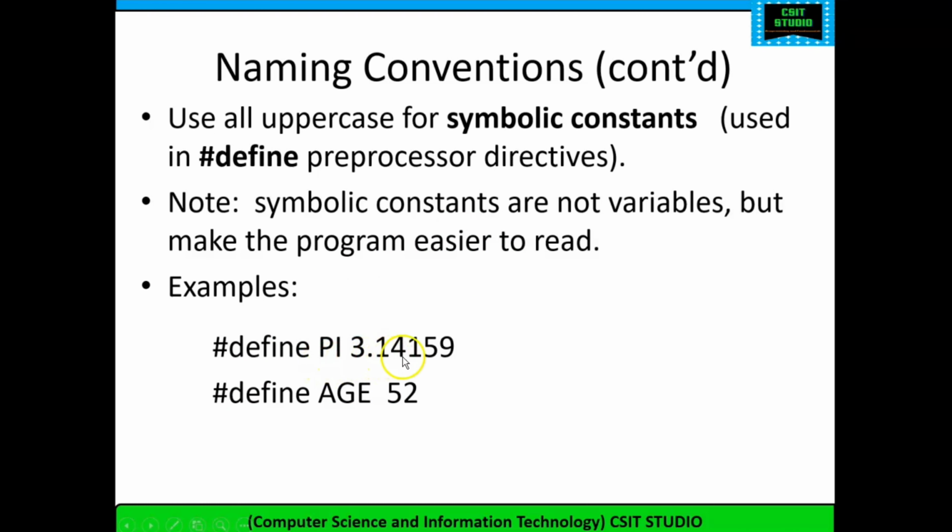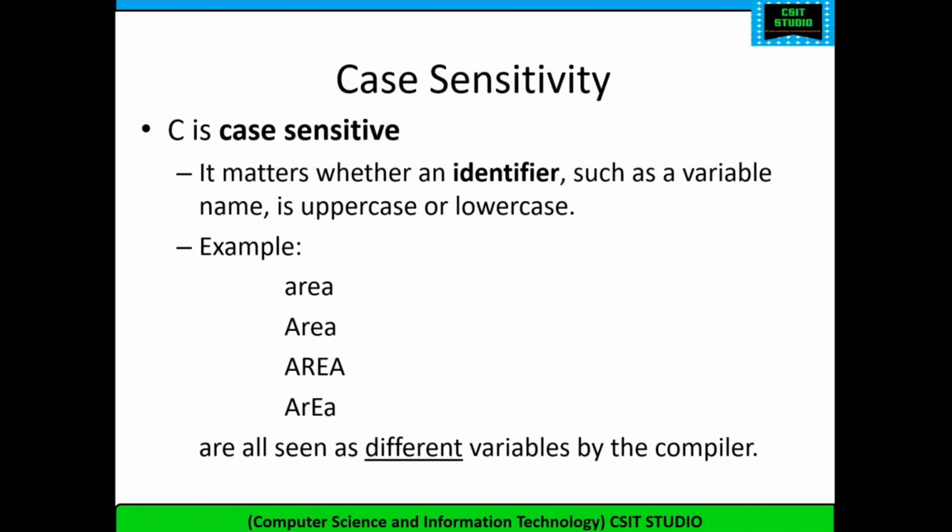Like here we are defining a value to pi and another value to the age variable, and in the program we can use the word pi, and the preprocessor directive will change all those pi with this value before compiling the program. Remember that C is a case sensitive language, so all these different names for area are different variables for C.